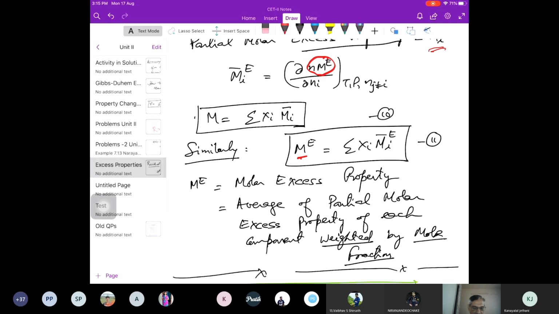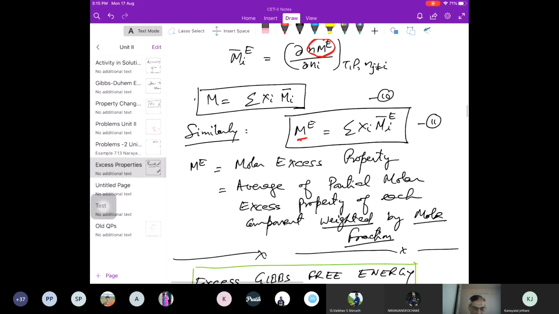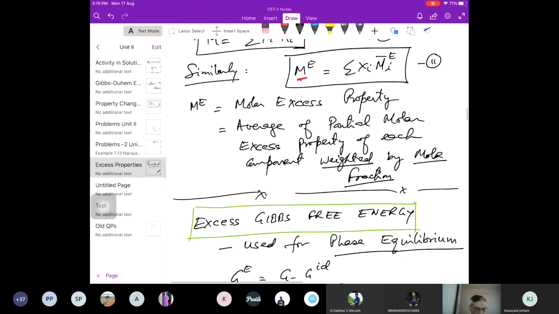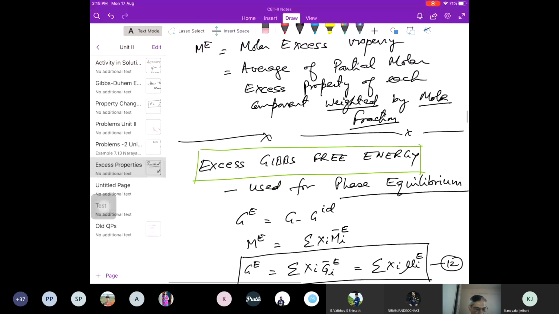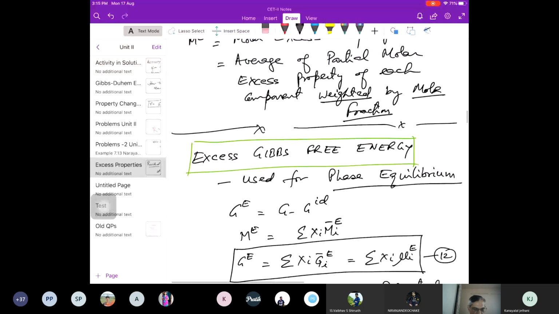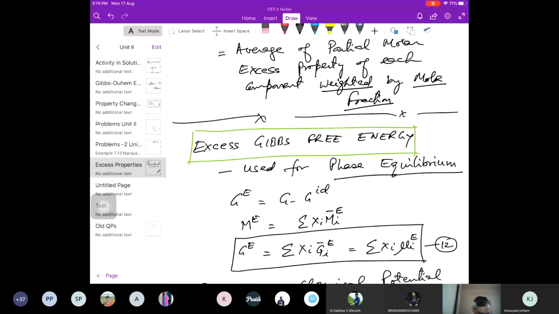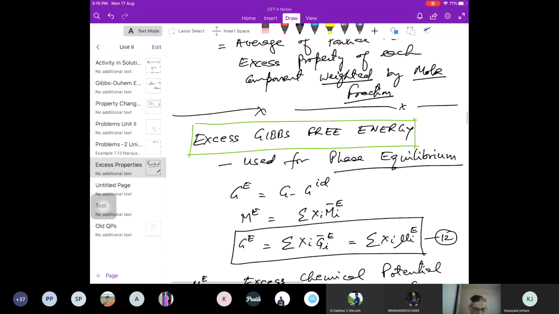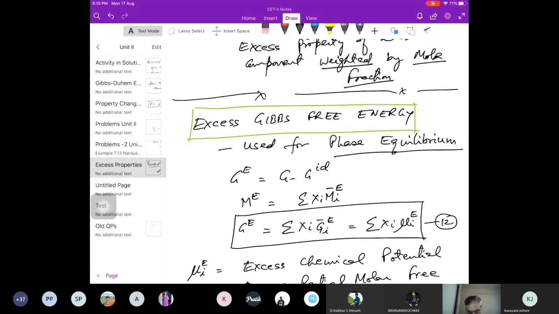ठीक है, questions? Okay. And then we introduce another term called excess Gibbs free energy. Similarly, we use excess Gibbs free energy, and this is used for phase equilibrium. This is what we'll be using throughout for phase equilibrium. Right. So G excess is defined as G, or Gibbs free energy for real solution, minus Gibbs free energy for ideal solution. Okay.